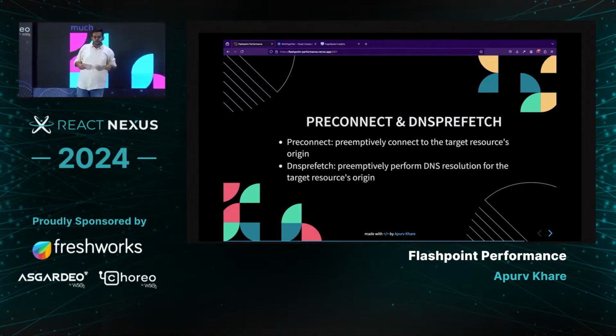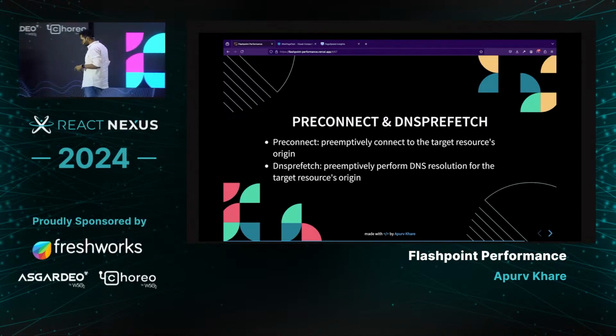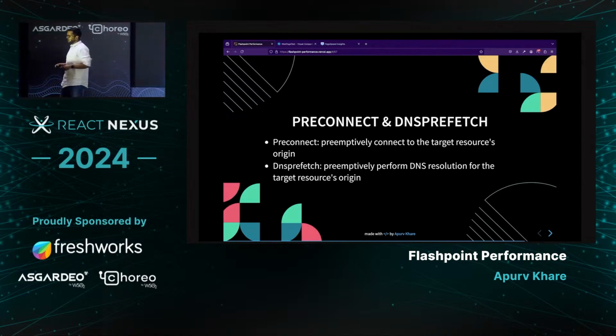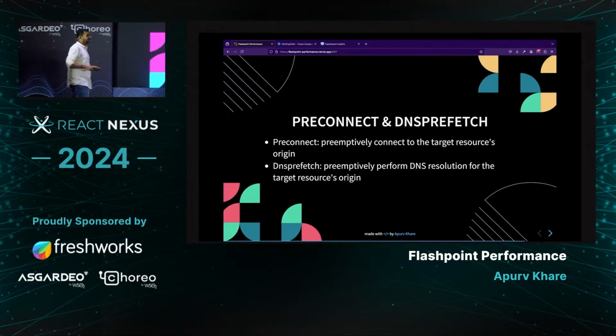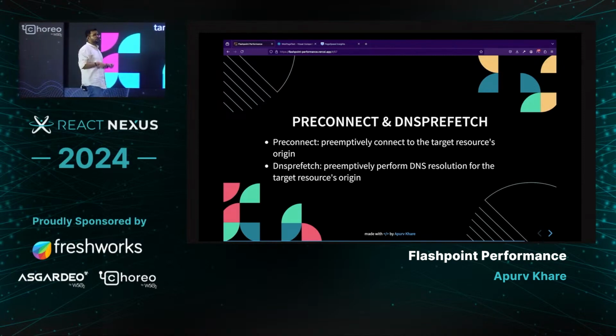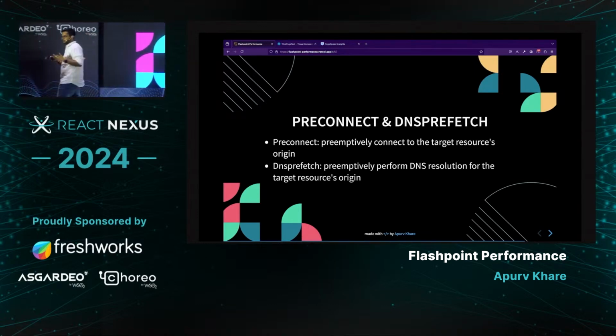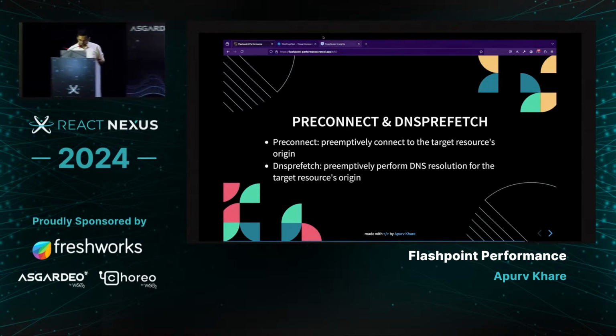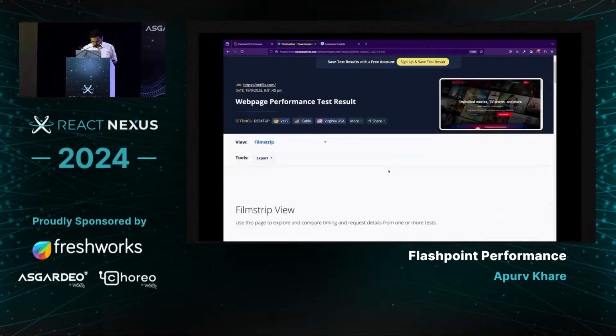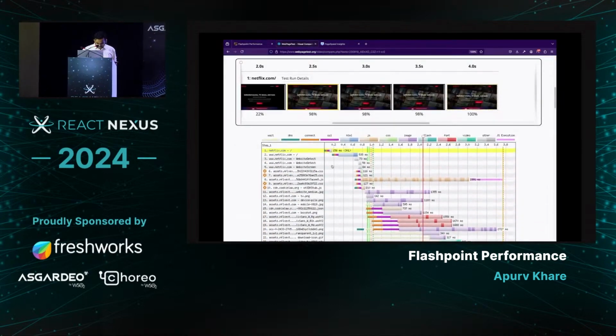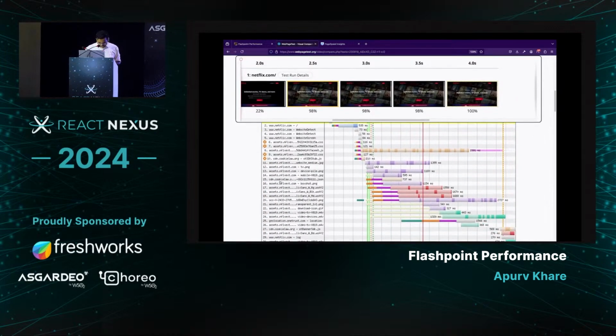The next two are pre-connect and DNS prefetch. Usually in a website, you are trying to access lots of different domains for different purposes. Some is CDN, some are different API backend servers. Let me even show you. If I go over here, this is netflix.com, then there is NFLXX, cookie law.